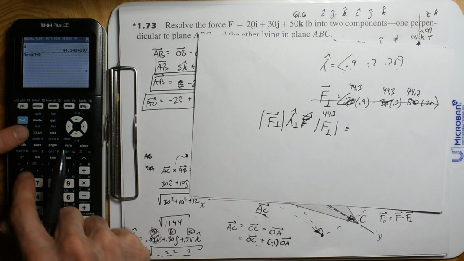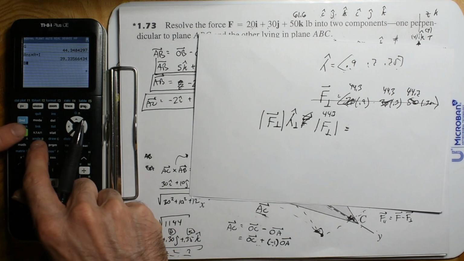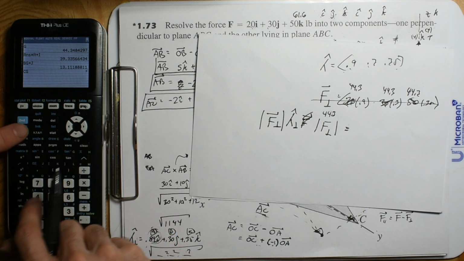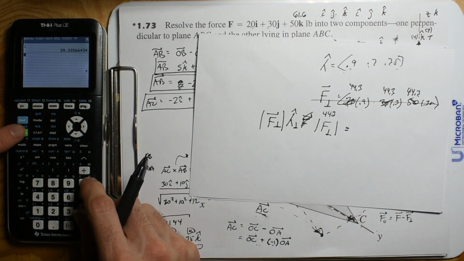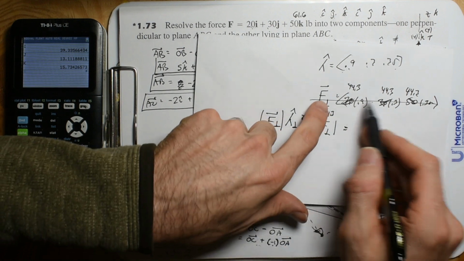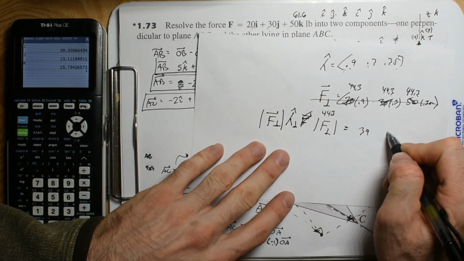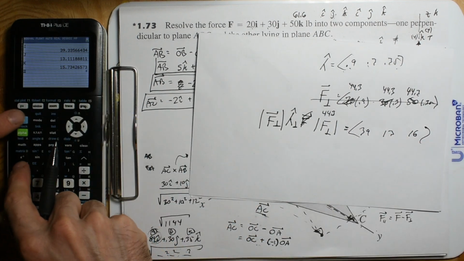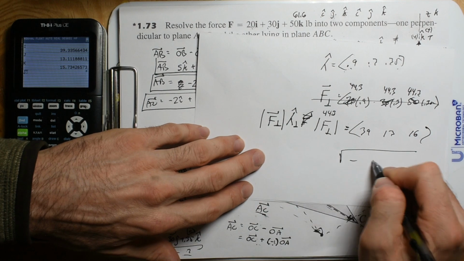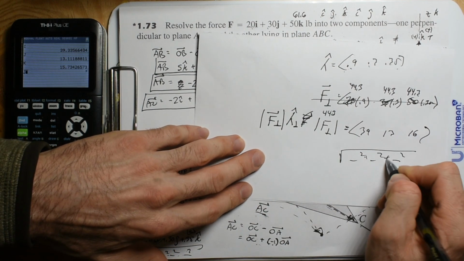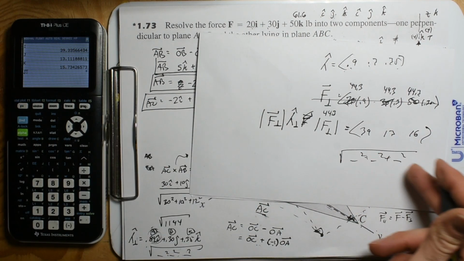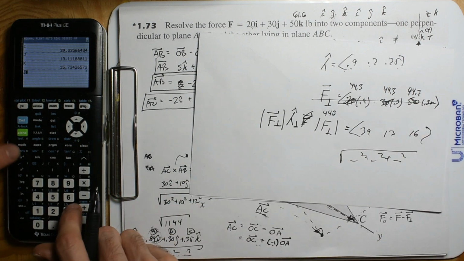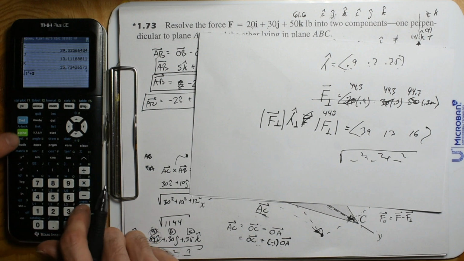I'm going to now store these as alpha I, alpha J, and alpha K. So doing this multiplication, we get 39, 13, and about 16. And sweet, if we square the terms, add the terms, and take the square root, we get the magnitude of that. It's a good check on reality just to do.